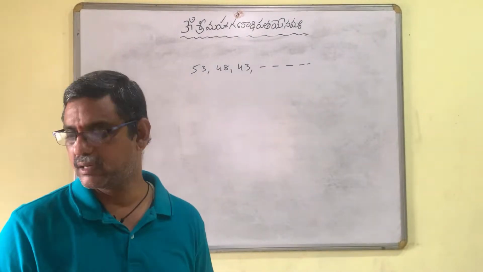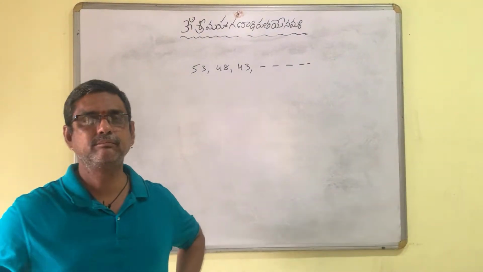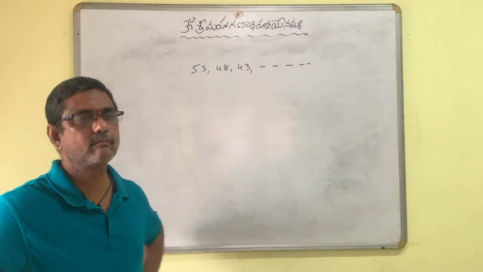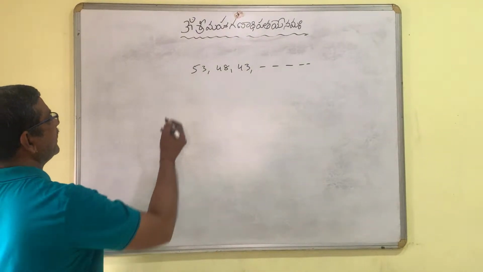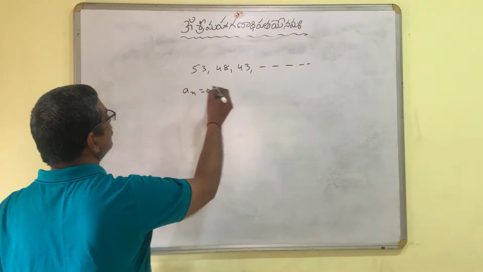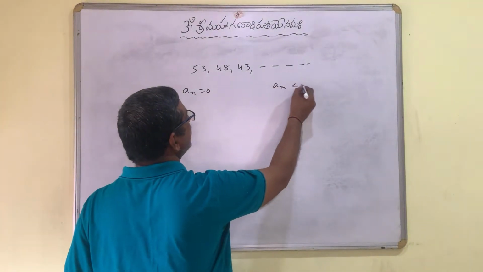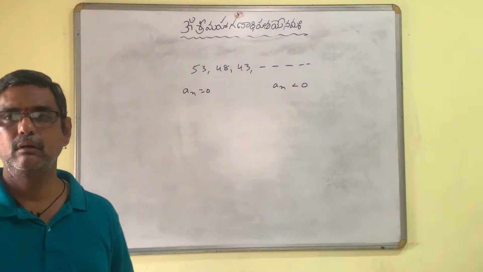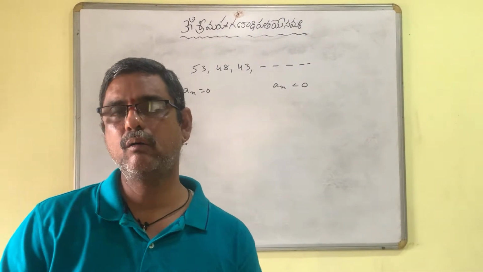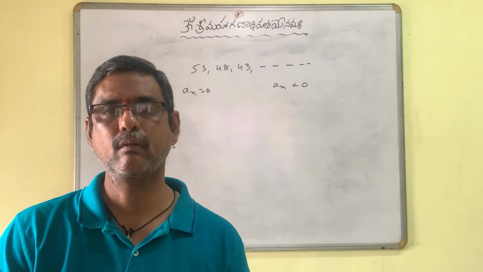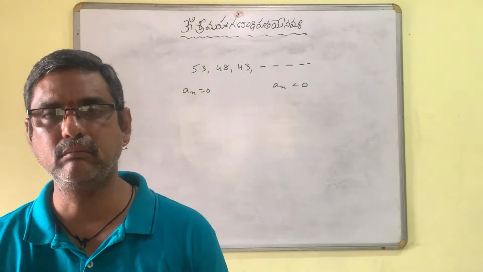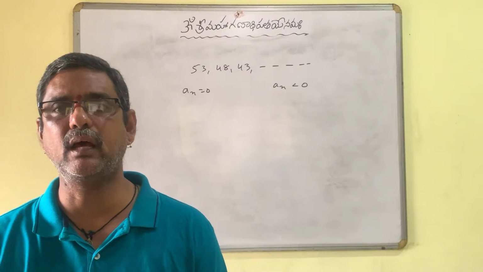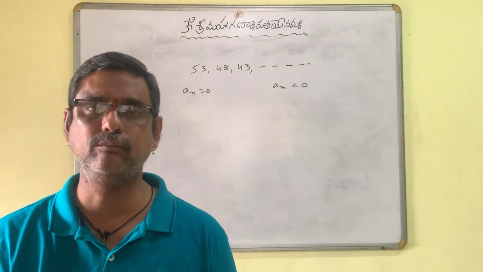Which term of this AP is the first negative term? There are two ways: you can take an equal to 0 or an less than 0. Why did I take less than 0? Because he is talking about the first negative term. So a negative term, we know, is less than 0.